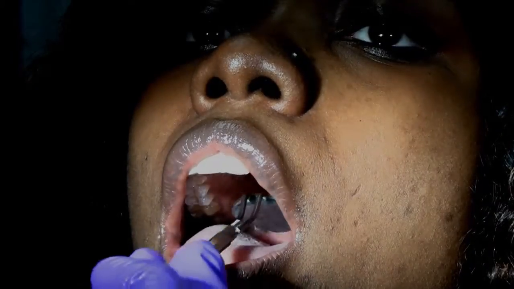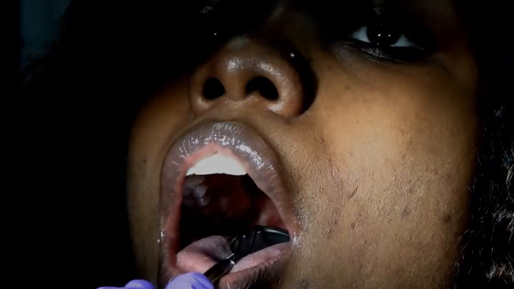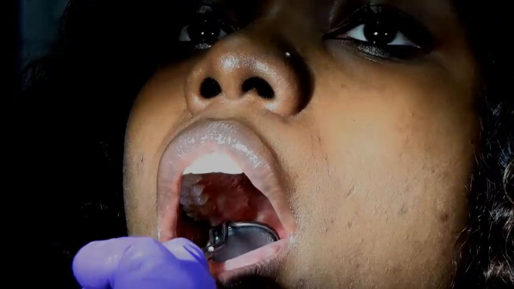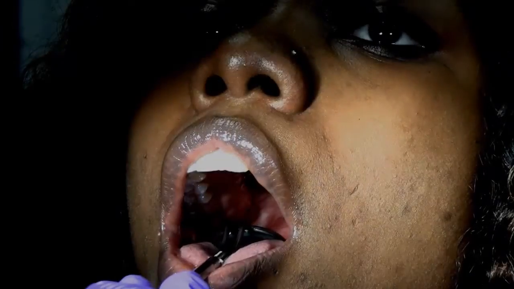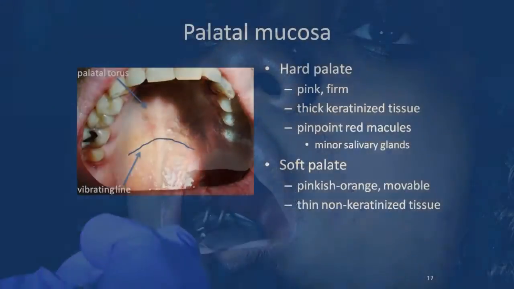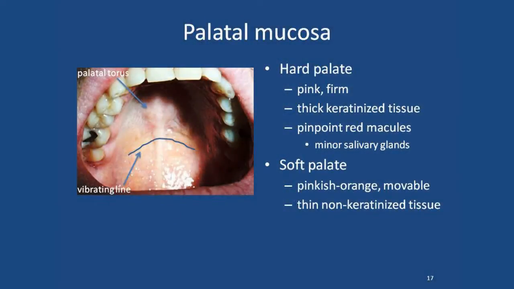Okay, then I happen to have a mouth mirror here, and we'll ask the patient to say ah. And we're going to check out the uvula and the tonsillar pillars and look for any obvious lesions or redness and irritation there, and she looks fine. We'll look at the soft palate and the junction of the hard and soft palate.